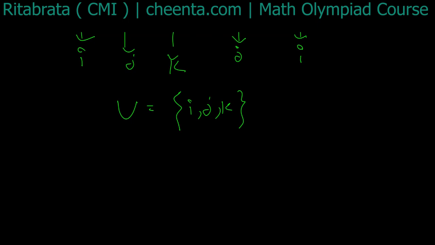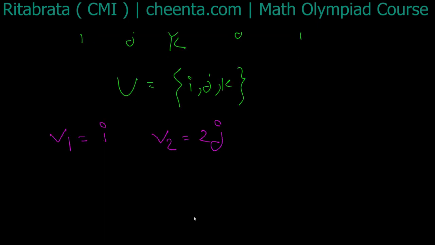So my concrete example is take V1 to be I cap, V2 to be 2J cap. Now see what happens. V3 equals I cross 2J, that is 2 into I cross J, 2K.